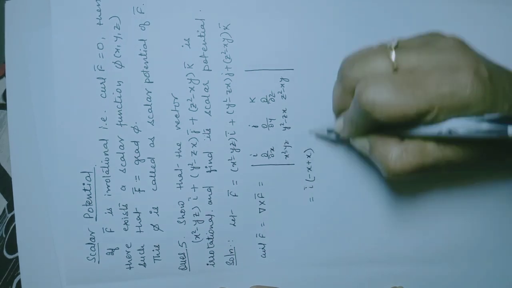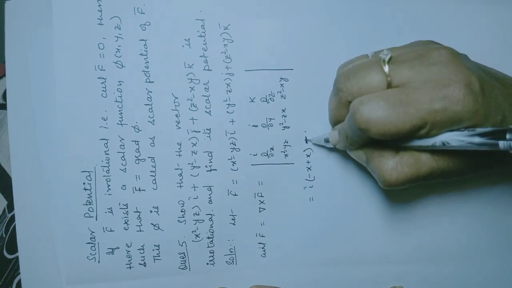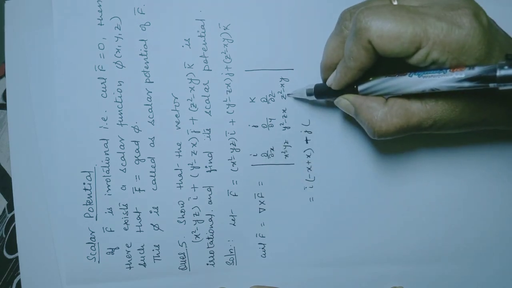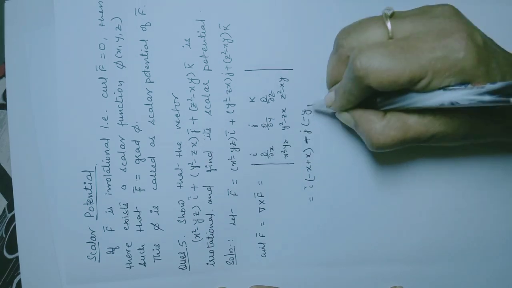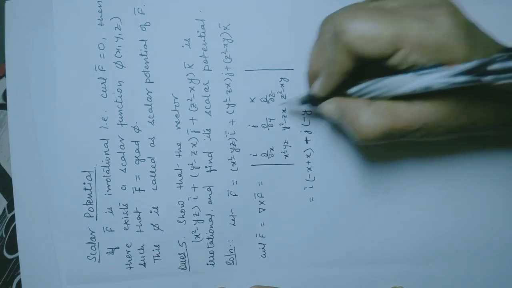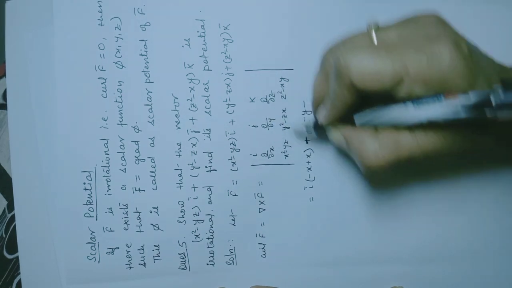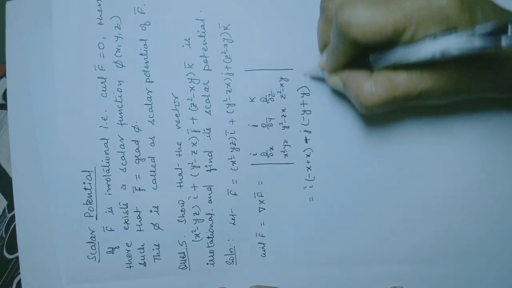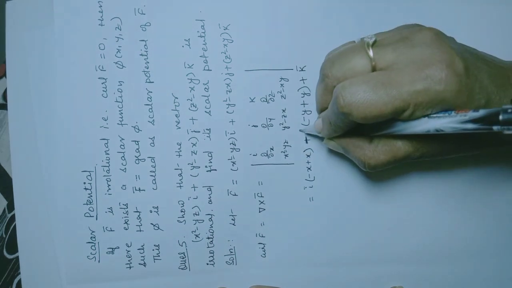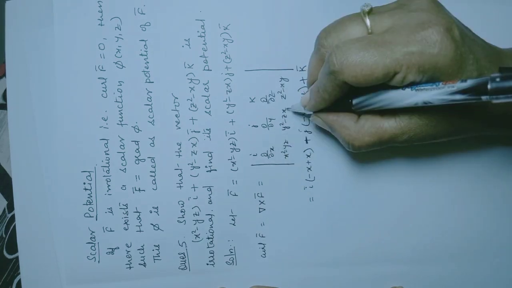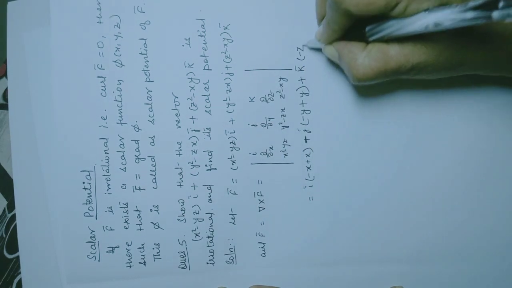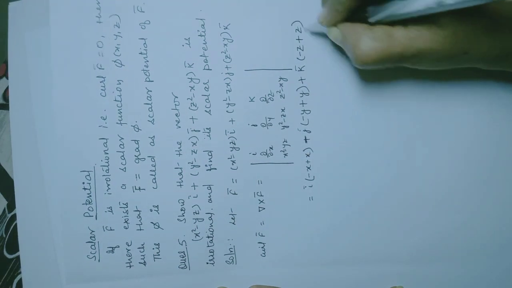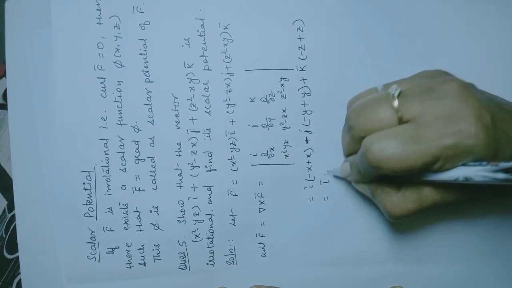So minus of minus x becomes plus x, minus of j times del by del x of this term gives you minus of y, minus del by del z of this term gives you minus of y, so that becomes plus of y, and plus for k you get del by del x of this as minus z, minus this gives you plus of z.